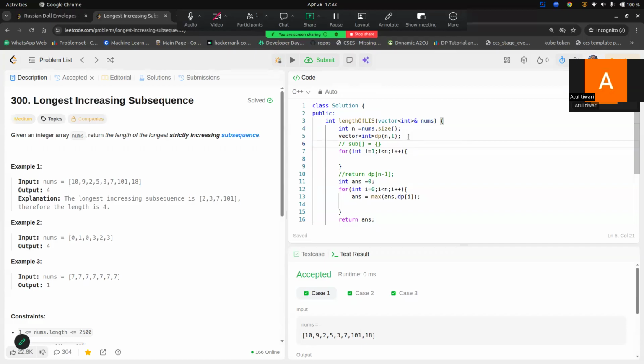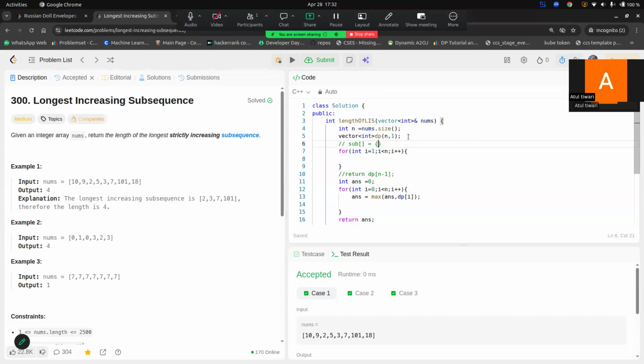But if somewhere I find a number which is less than or equal to the number at the last step, then you try to replace it with the just greater number in the subsequence array.